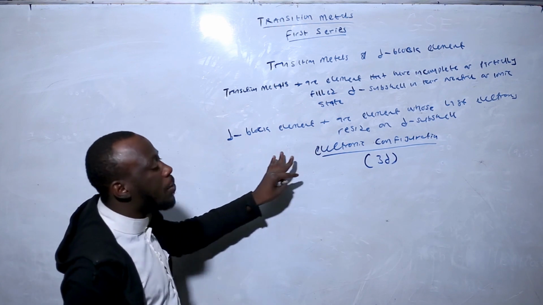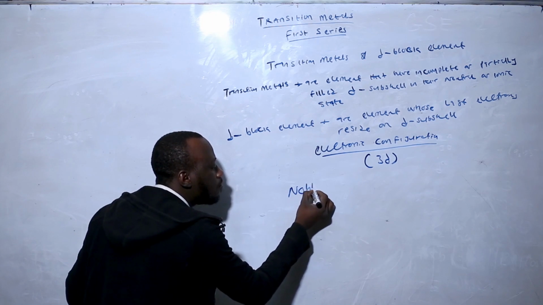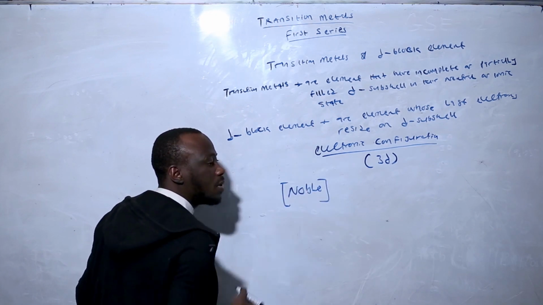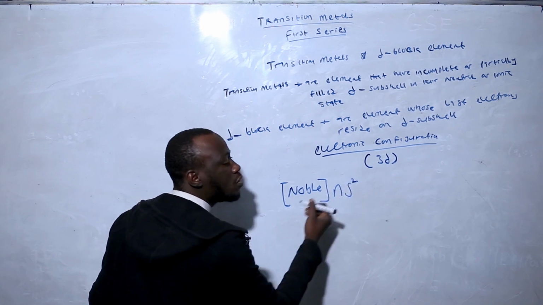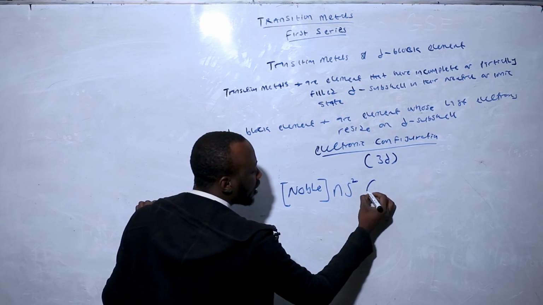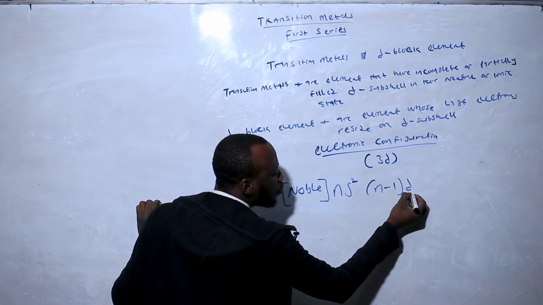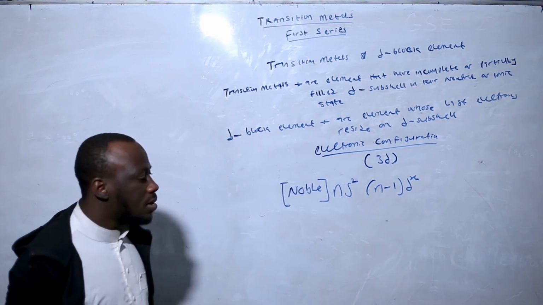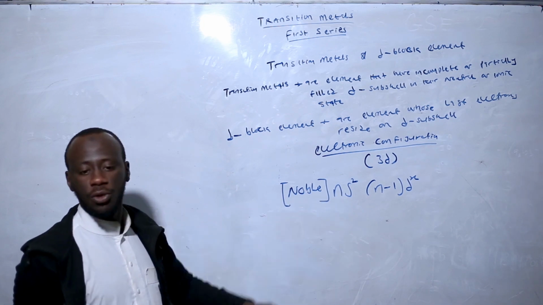They have an electronic configuration of a noble gas core, ns2, (n minus 1) d to the power of x. This n is the principal quantum number.